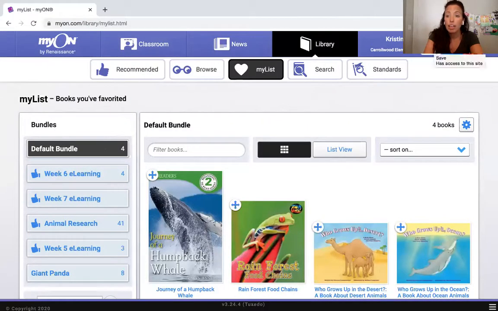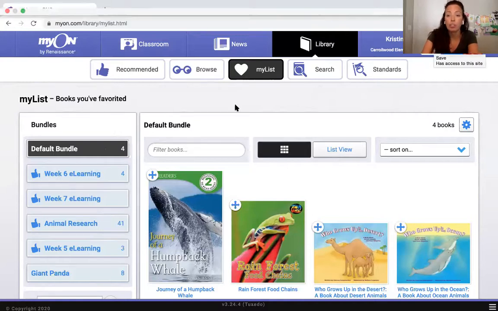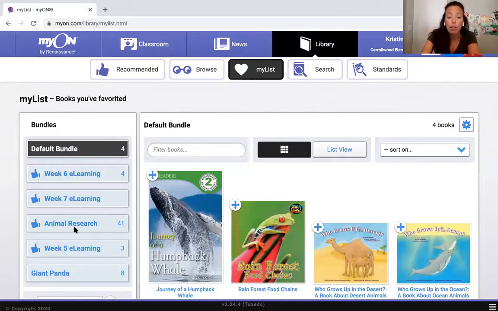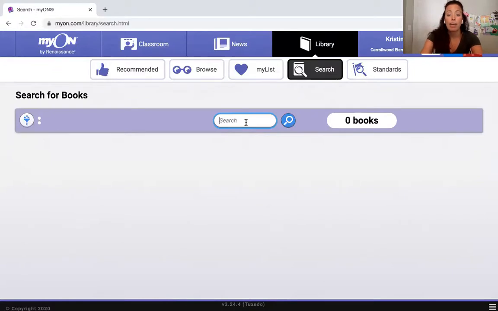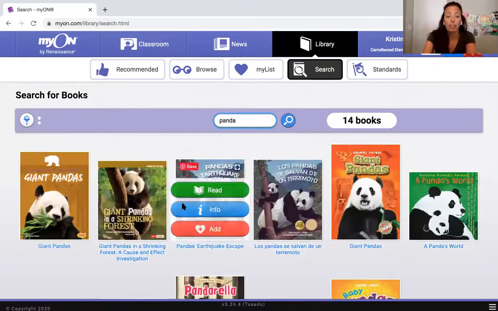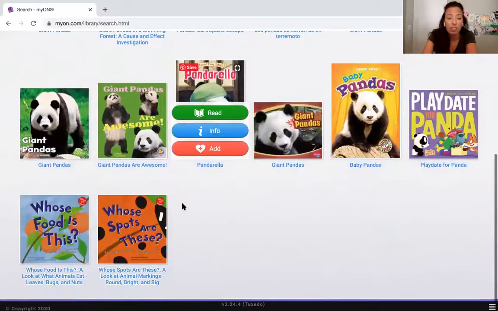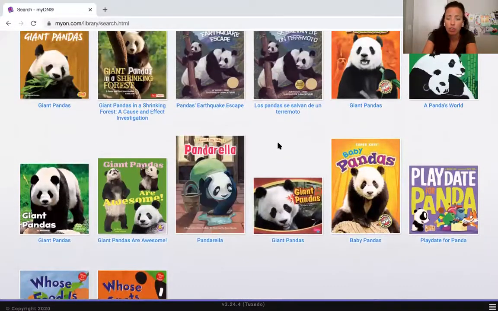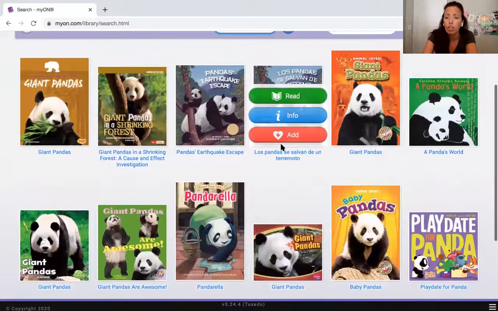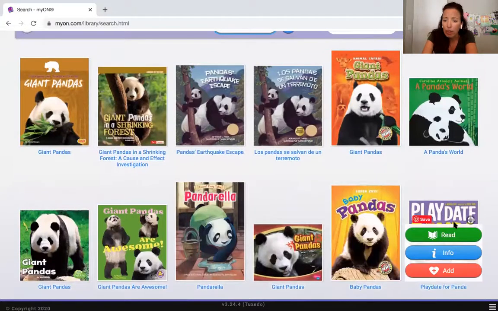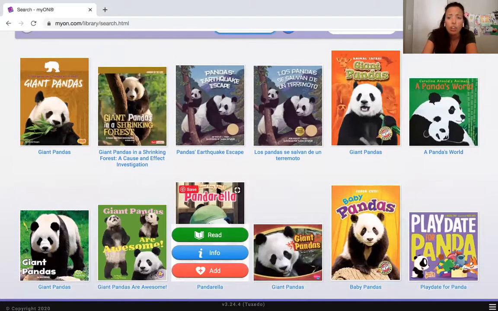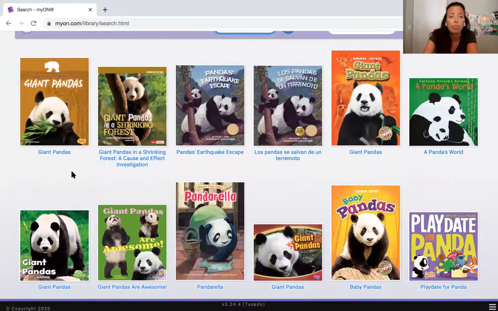So what I went ahead and did, and you could do this on your Mayan account too, is I made a bundle for my books. First I searched and I typed in panda, and a lot of panda books came up. Some of these books are not real books. They're just silly fiction books like Playdate for Panda, Pandarella. Those are not books that I would want to use for my research. I'm looking for books that are going to be nonfiction, that are going to teach me about pandas.